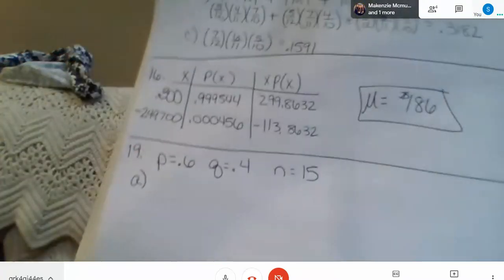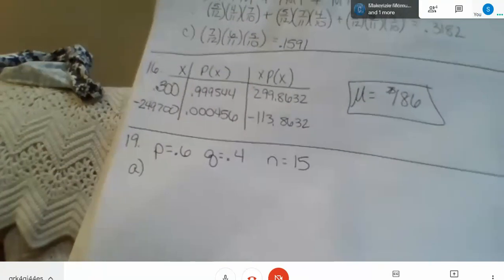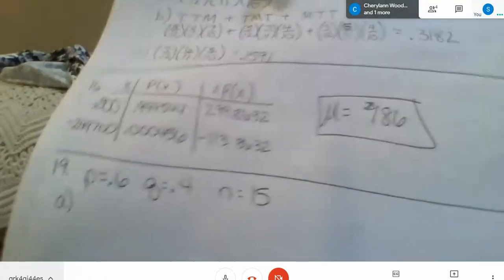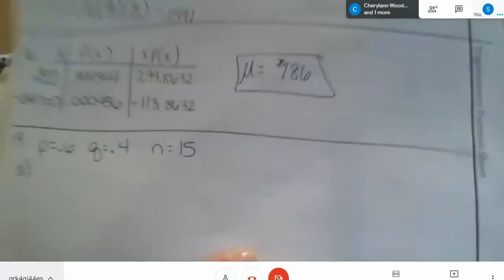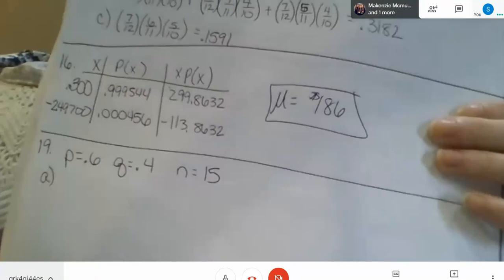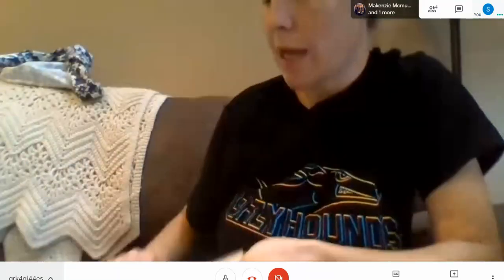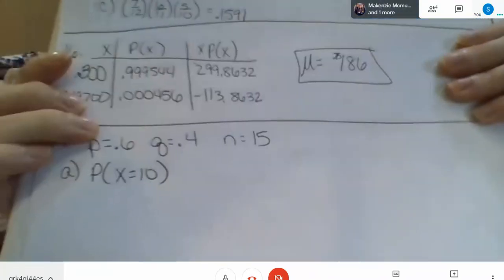Okay, so before I've even read part A, I already have some information. I have my N, my P, and my Q. So part A says exactly 10 believe the minimum age should be 18. So I'm finding the probability that X equals 10. Okay, the binomial, you have two options.